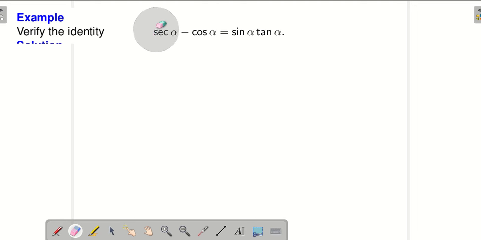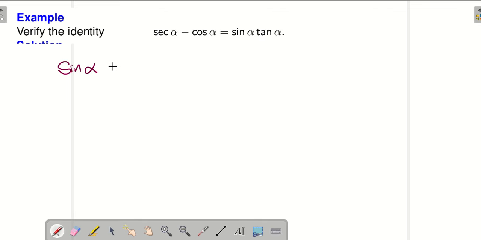Alright, so let's start all over. We are given that sec alpha minus cos alpha is equal to sine alpha tan alpha. So let's follow the same steps again.